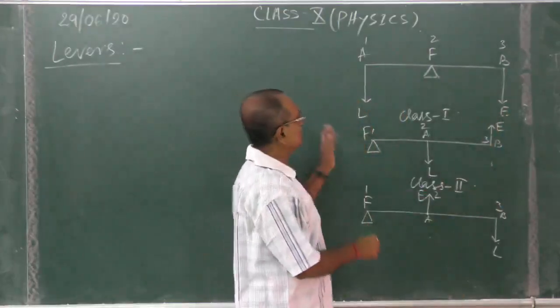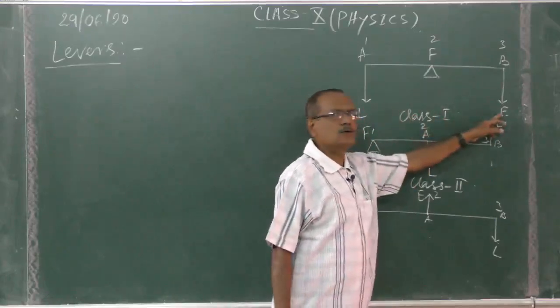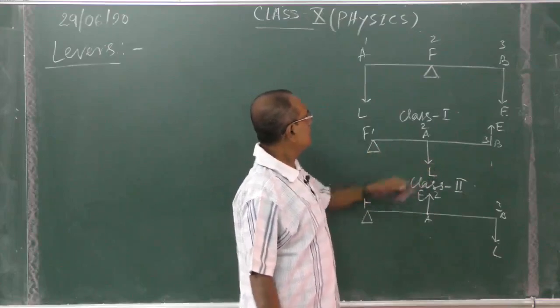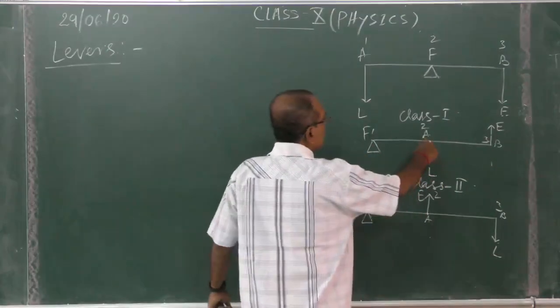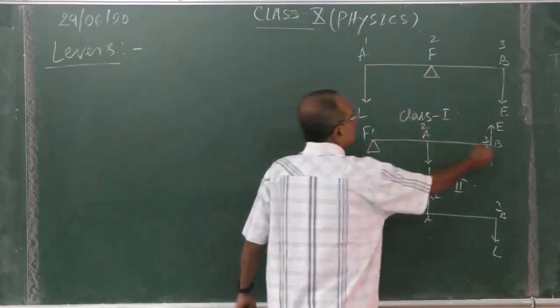In your book it is just opposite, because here effort is taken, there load is taken, no problem. Here again you see, the clockwise moment due to load must be equal to what?